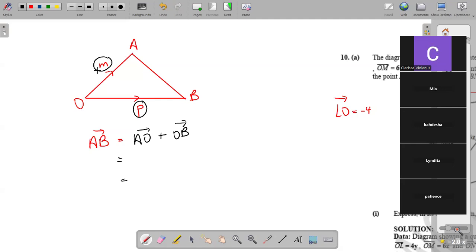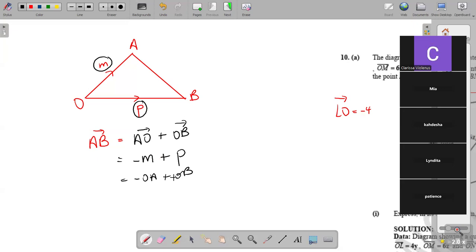If OA is positive, that means AO is what? So you're going to be negative m. Everybody see that? Plus p, because we're going this way and then this way. So you see why the negative OA comes in? Plus OB. If you got it, say got it.